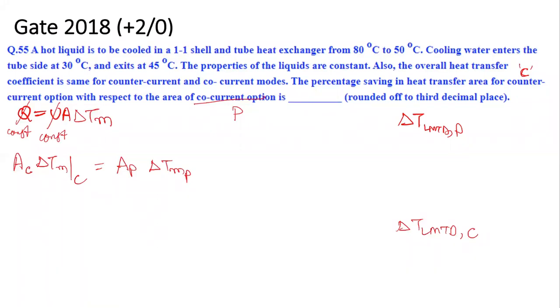Alright, so the delta T value for parallel flow will be equal to 5 minus 50 by ln of 5 by 50.